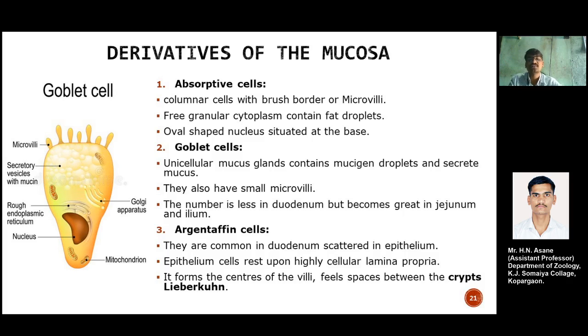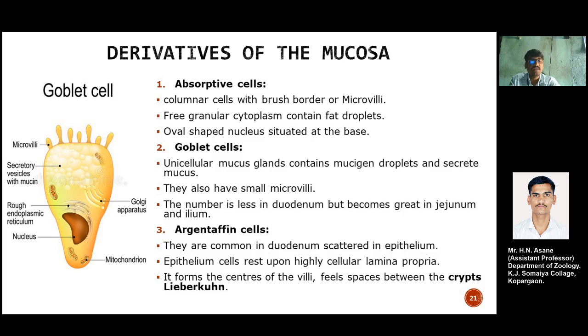Okay, then the third type of cell. As you can see in the picture of the goblet cell, you will see the smaller microvilli present on the surface. Then you will see the whitish secretory vesicles with the mucin, and that mucin is going to secrete the mucus.